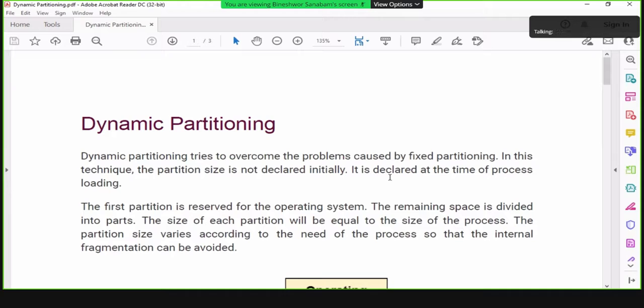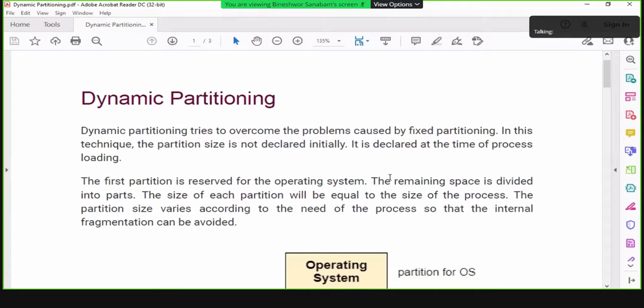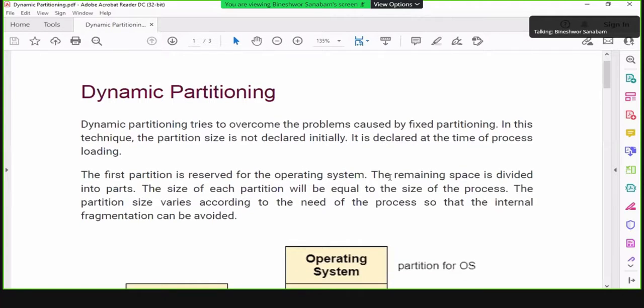In fixed partitioning, we fix the partitions beforehand. Here we partition as per the process. So here is the difference. The size of each partition will be equal to the size of the process, and the size of the partition can vary according to the nature of the process.